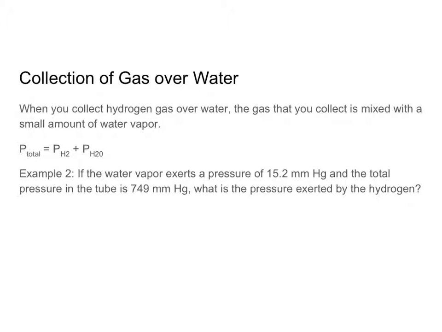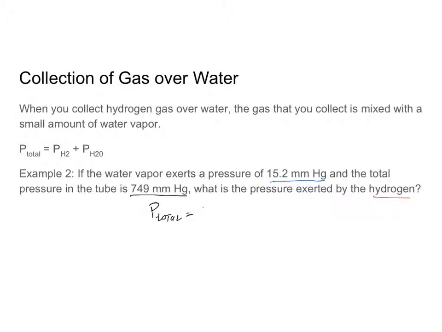So in the case of this one, if water vapor exerts a 15.2 millimeter of mercury pressure, and the total pressure is 749 millimeters of mercury, what is the pressure exerted by the hydrogen? Which isn't too hard for us to figure out because it ends up being a pretty simple math problem.